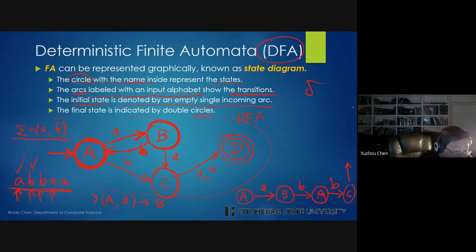The input is A, B, B, A, A. So I follow A, B, B, A. At C, the input is A, so we go to D, right?